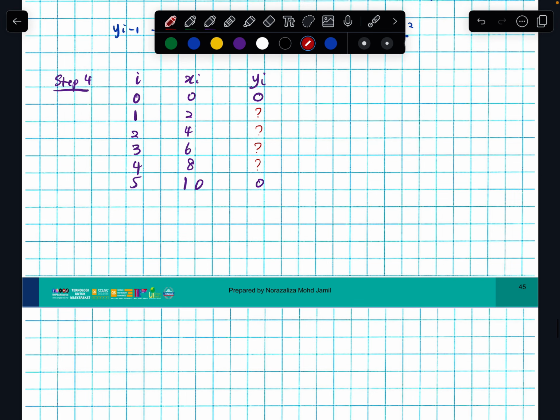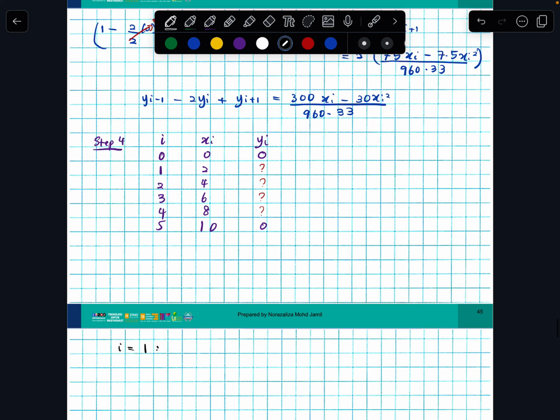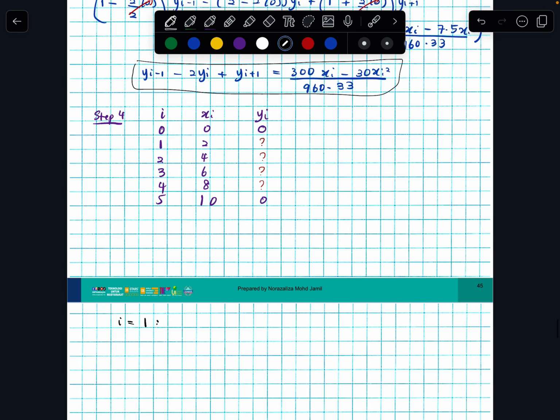So now you know that for each i, you want to know at i equal to 1, right? So set i equal to 1. By writing this expression based on each i, you will get this.